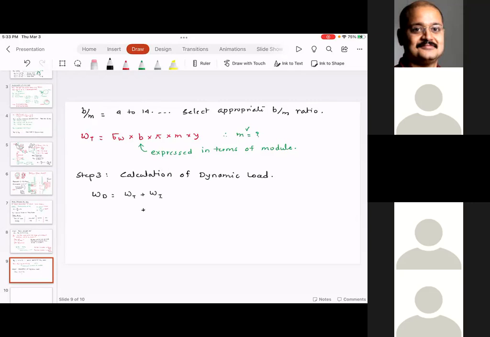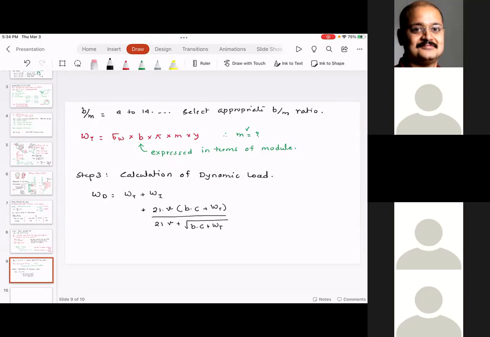WT we know, and the WI equation is 21V times (BC plus WT) divided by 21V plus square root of (B times C plus WT).